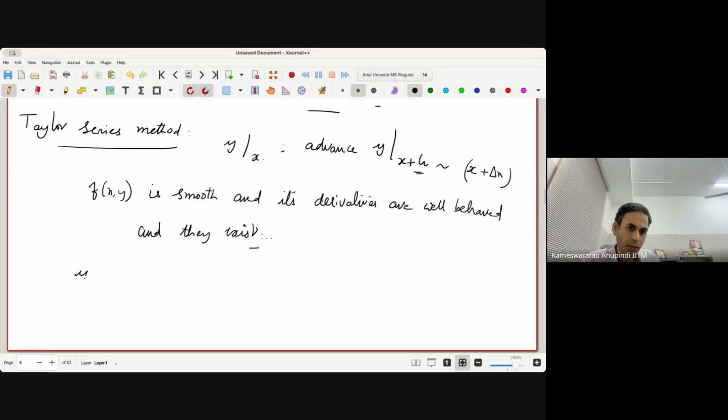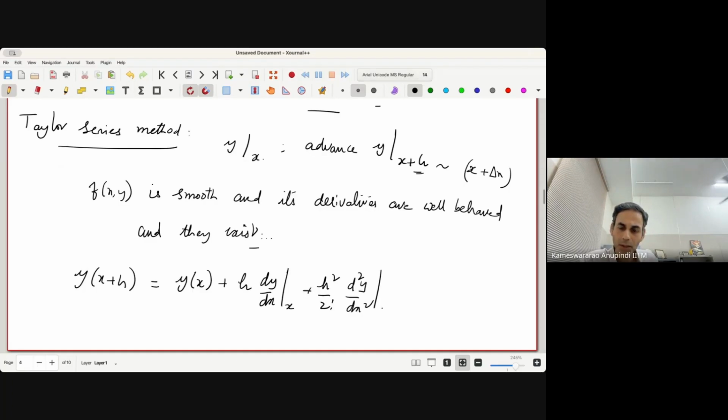So if I expand y at x plus h using Taylor series expansion about y of x, then we have y of x plus h times dy by dx at x, plus h square by 2 factorial d square y by dx square at x, plus h cube by 3 factorial d cube y by dx cube at x, and so on. That's what we have.